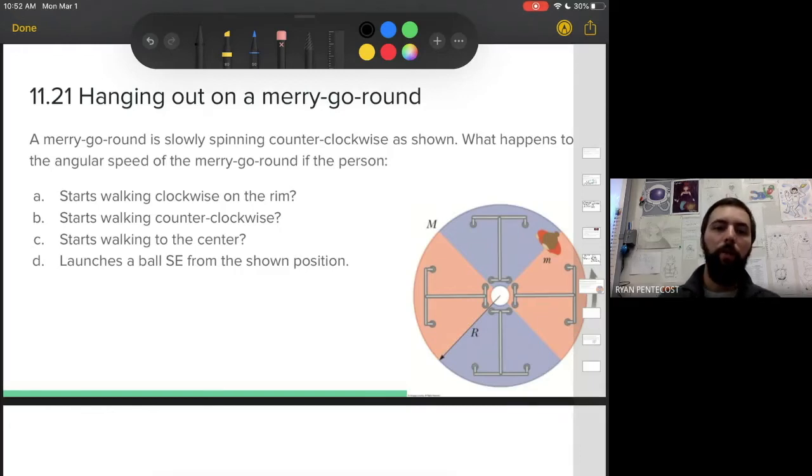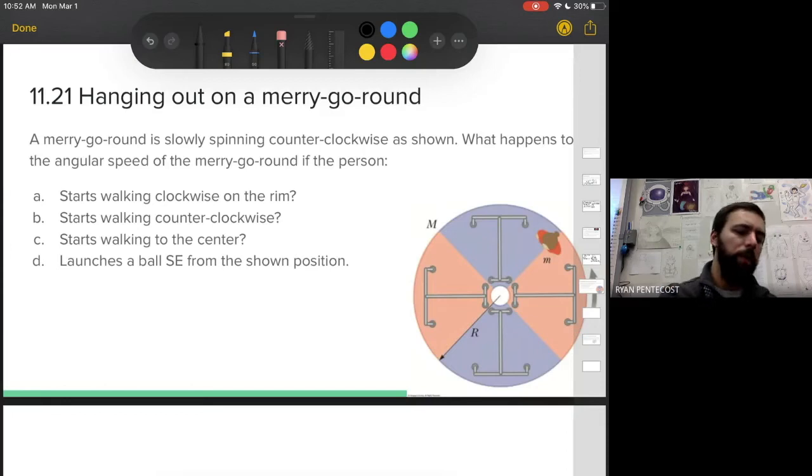However, if she is walking clockwise, she is going to kick the wheel counterclockwise. And then vice versa on part B. If the girl starts walking counterclockwise, then the wheel will feel a force to start moving clockwise. So wherever the person wants to walk around the rim, the merry-go-round will go the opposite direction to conserve angular momentum.